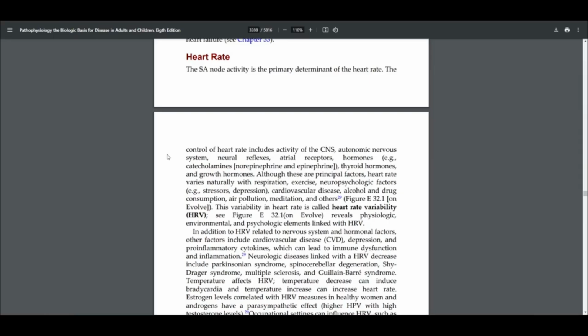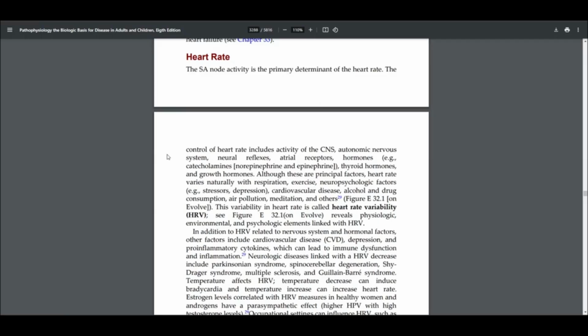Although these are principal factors, heart rate varies naturally with respiration, exercise, neuropsychologic factors such as stress and depression, cardiovascular disease, alcohol and drug consumption, air pollution, meditation, and other factors.